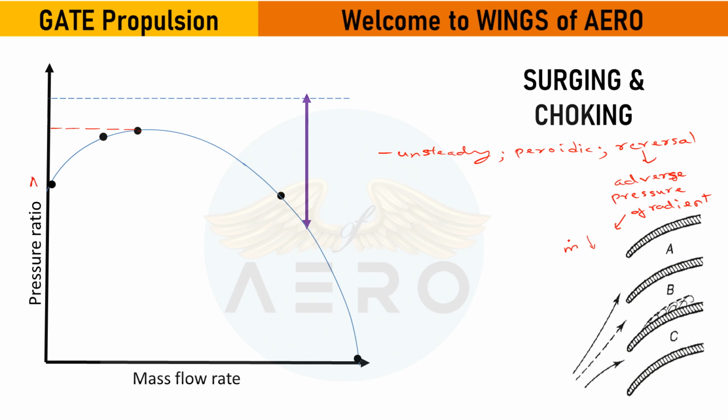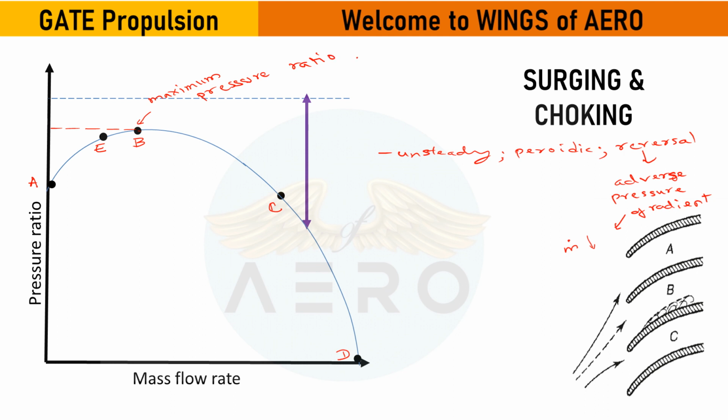So first I will label this A, this is B, this is C, D, and then E. B is a point where we have the maximum pressure ratio.